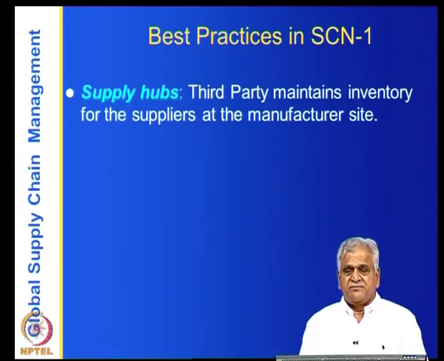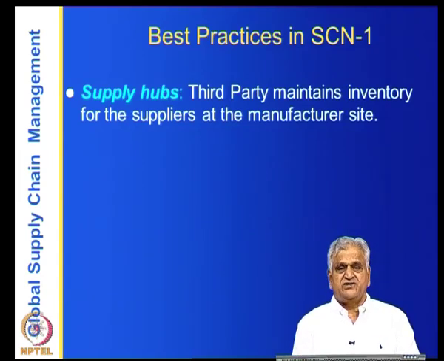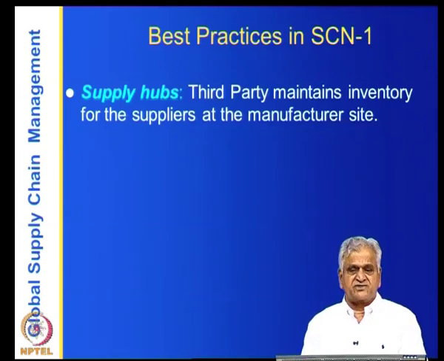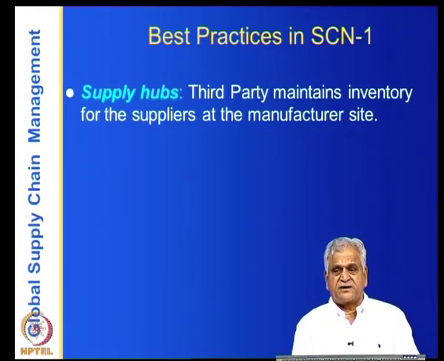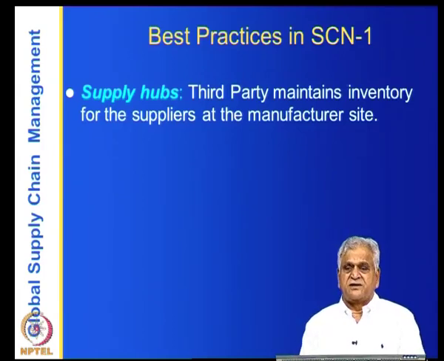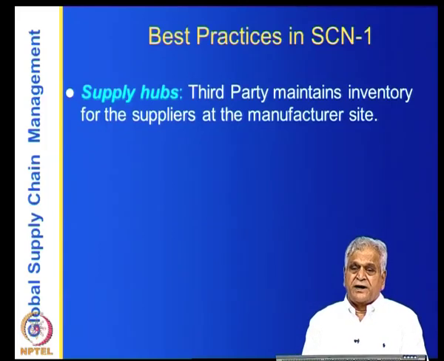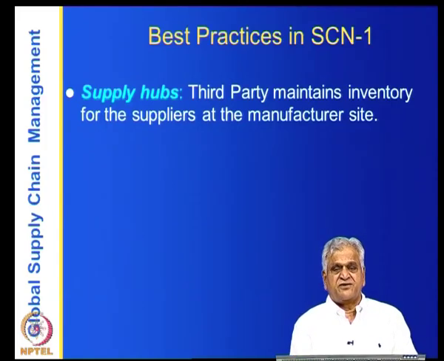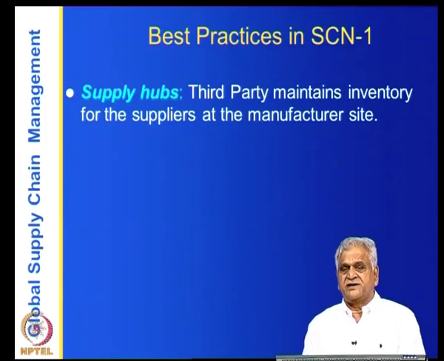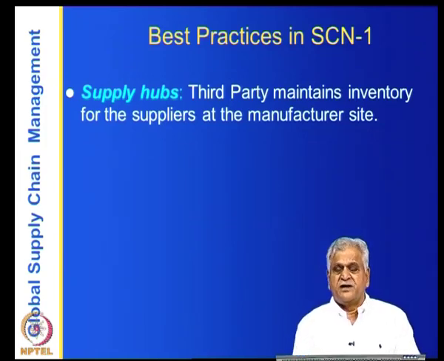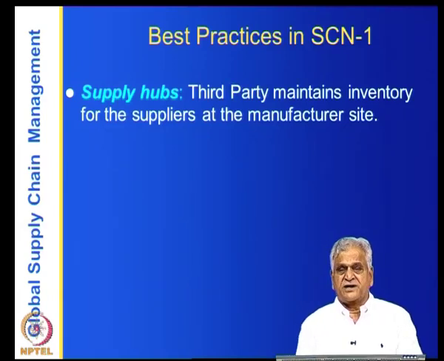Now, we said that the supply chain network is globally distributed. Suppose a manufacturer assembles a particular product and gets various components and sub-assemblies from all over the world. There are uncertainties in terms of transportation, weather patterns, and the political scenarios of various countries, and so on.